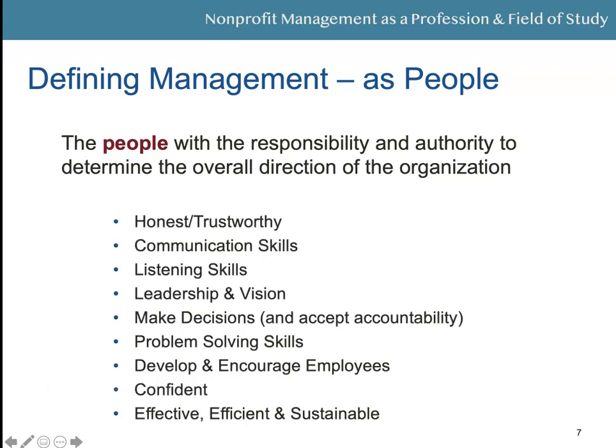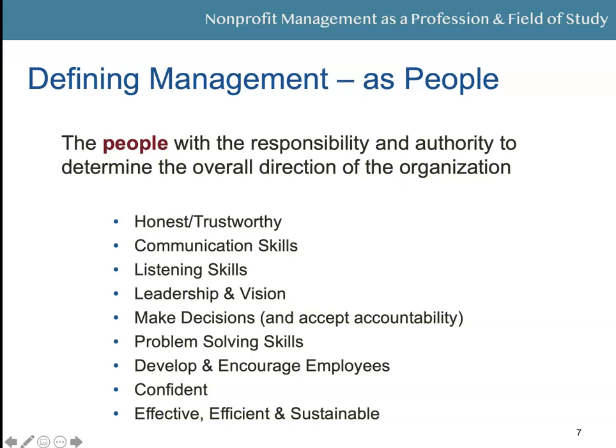And we want those people, whether you are in a nonprofit organization or you are a manager at Google or Nike or Amazon or any other corporation, we want managers, those people with responsibility and authority to determine direction of the organization, to be honest and trustworthy.